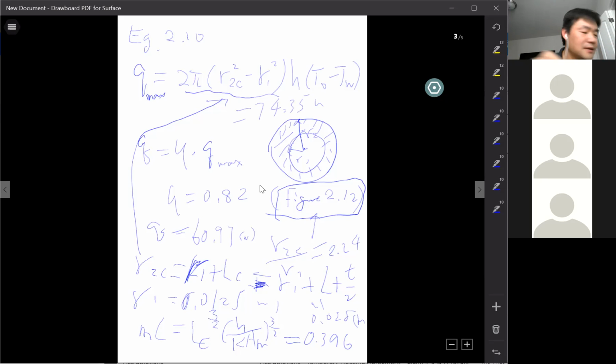Yeah. And it's 253.7 BTU per hour. Okay, 60.97 watt is the final answer for this problem, equivalent to about 208 BTU per hour. Okay, this is an example for the circumferential fin.